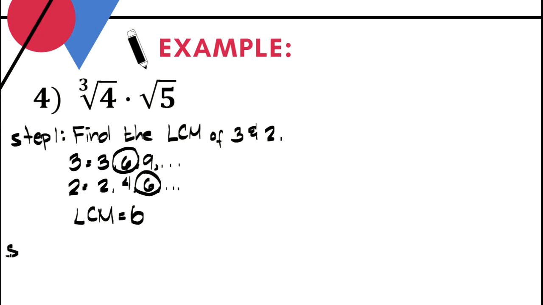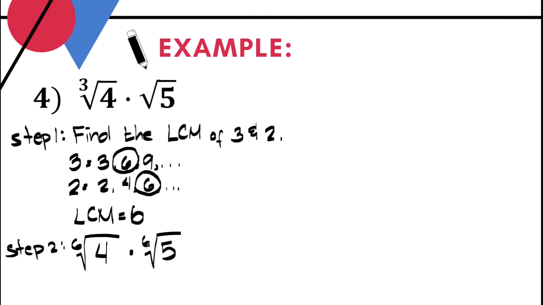Step number 2. Rewrite the given expressions with the LCM as the new index. So we will write cube root of 4, but instead of cube root, we will make it 6th root: 6th root of 4 multiplied to 6th root of 5.